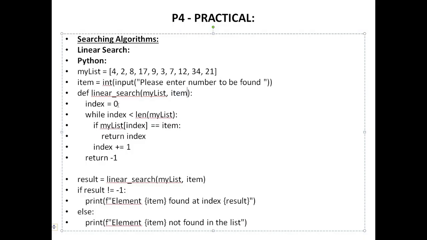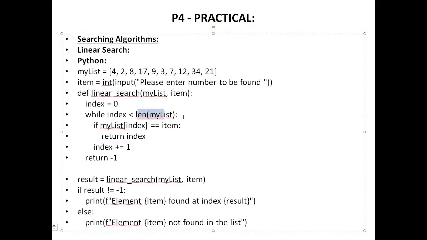As you know, Python arrays start from index number 0, so we will make index 0. Instead of index, you can just take it as i, or you can make it as count as well, it doesn't really matter. Then we are going to use a conditional while loop. Why? Because we don't know whether the number the user has entered will actually be found in this array or not, and if yes, then at what position.